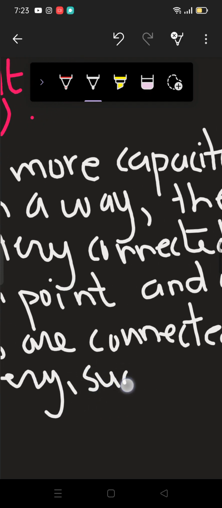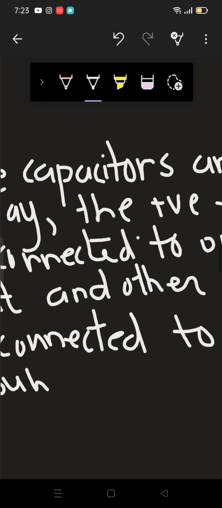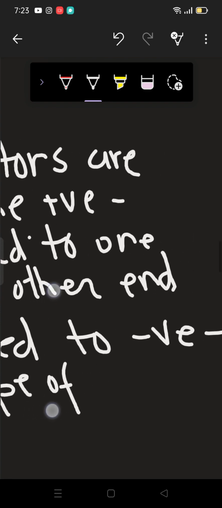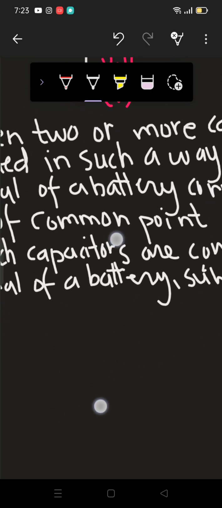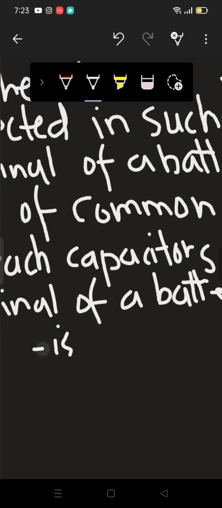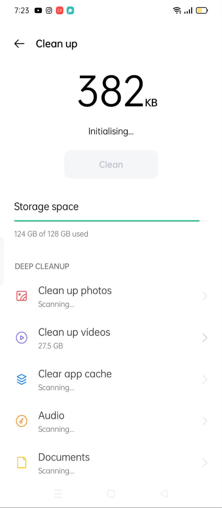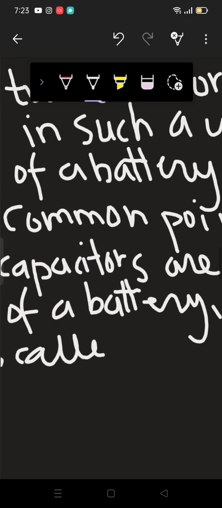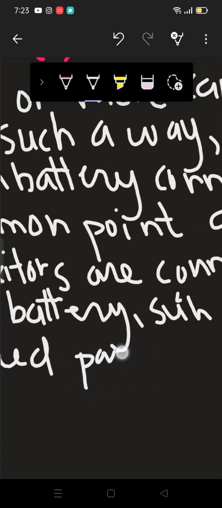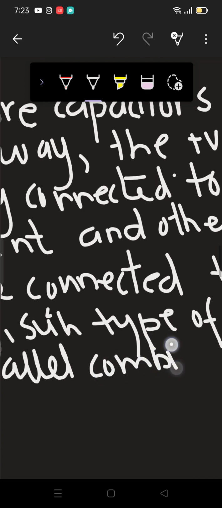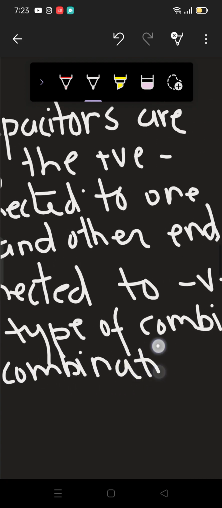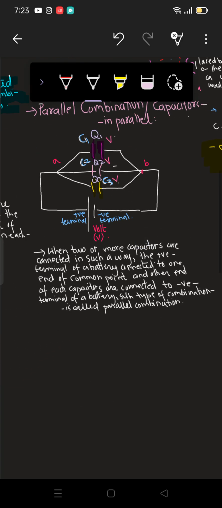Such type of combination is called parallel combination, or capacitors in parallel.